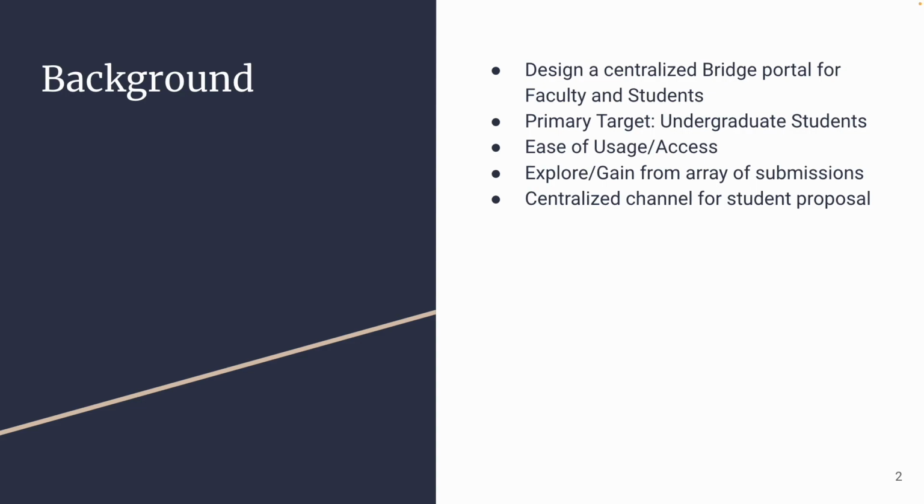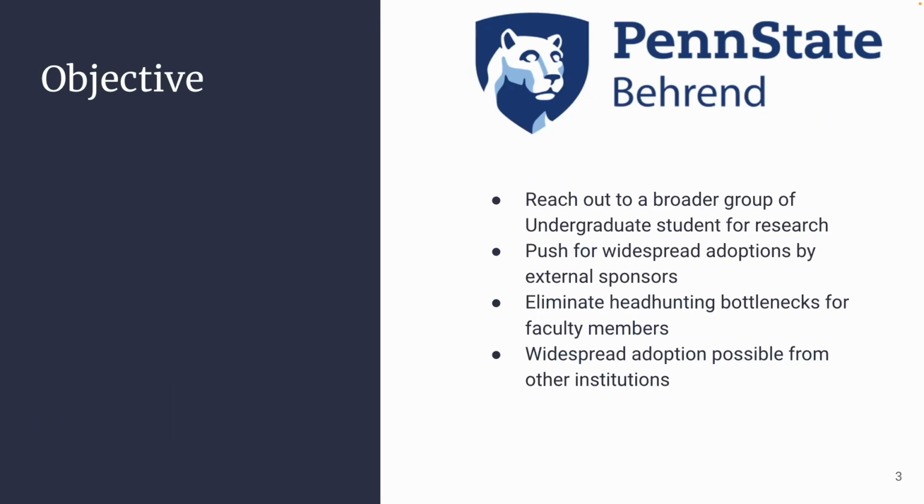We're also trying to put samples of projects for students that they can get experience from. It's basically a centralized channel for student project ideas and proposals, sharing them with faculty, and trying to find the commonalities between different sponsors and students to do advanced research projects for undergrad students. The objective is to reach out to a broader group of undergrad students for research.